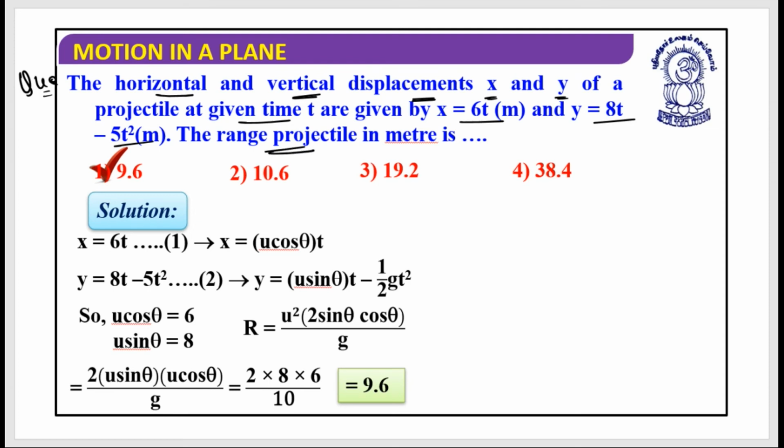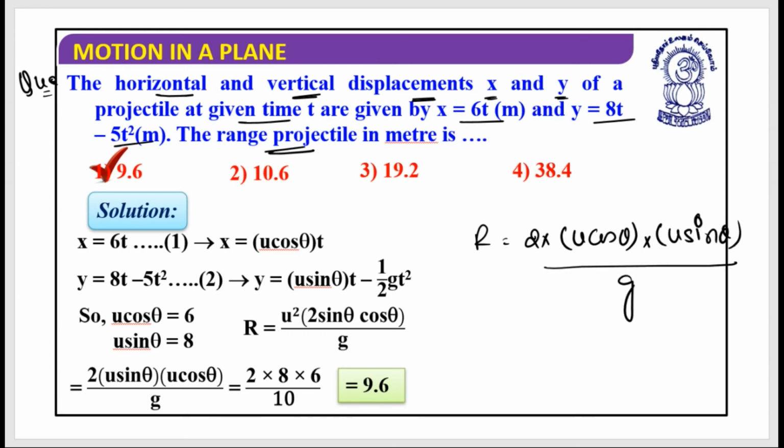You are required to find the range of the projectile. So for range, what do you require? It's 2 multiplied by u cos theta, which is the velocity in the horizontal direction, multiplied by u sin theta, which is the velocity in the vertical direction, divided by g. This is the range.